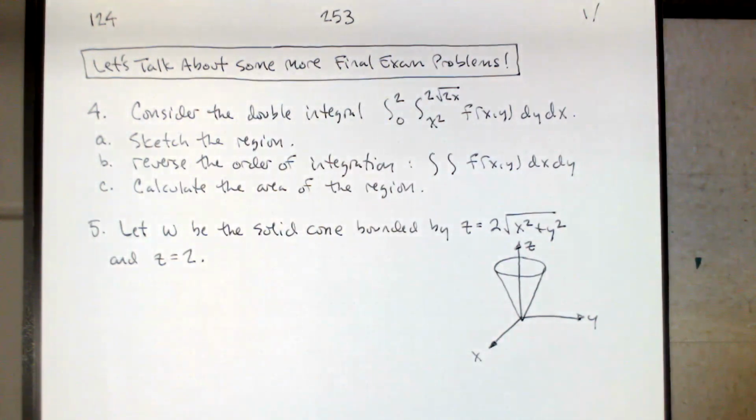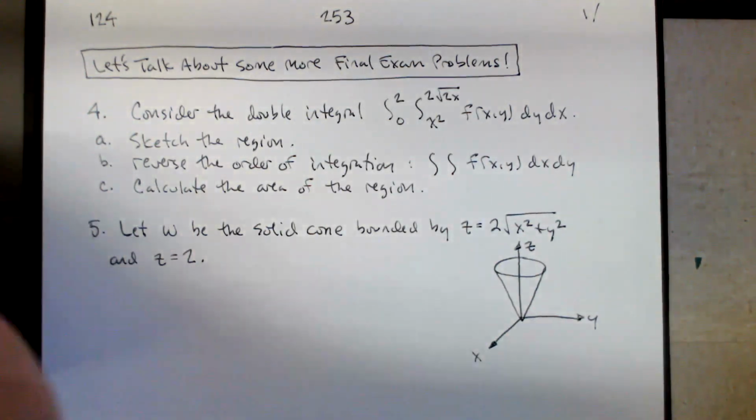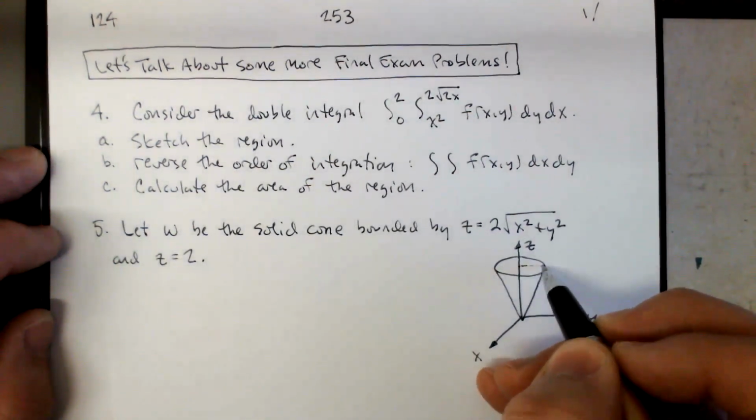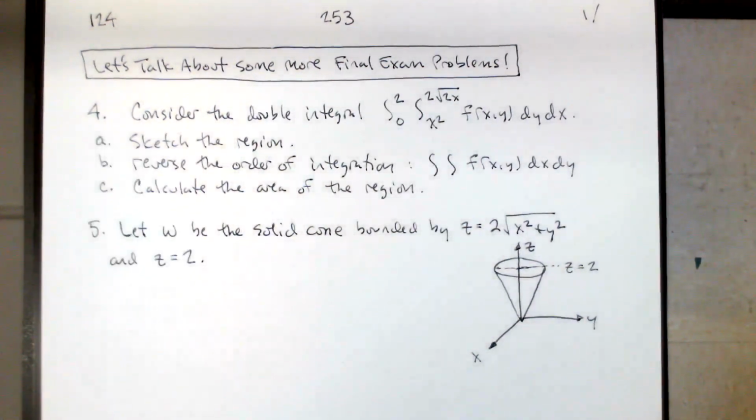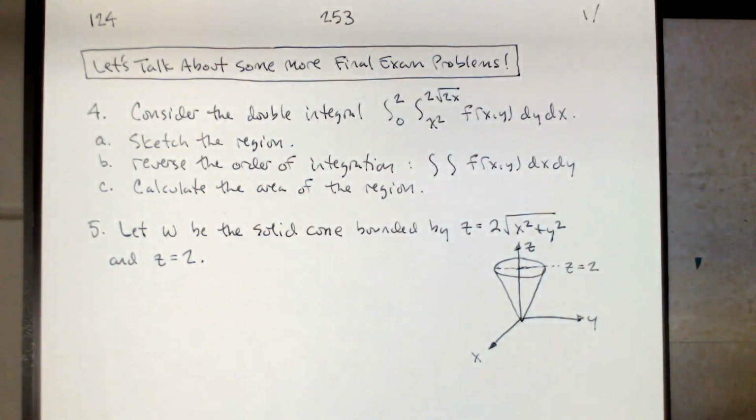The cone part is z equals 2 square roots of x squared plus y squared, and the flat top is going to be at z equals 2. We want to write a triple integral for the volume of the cone.